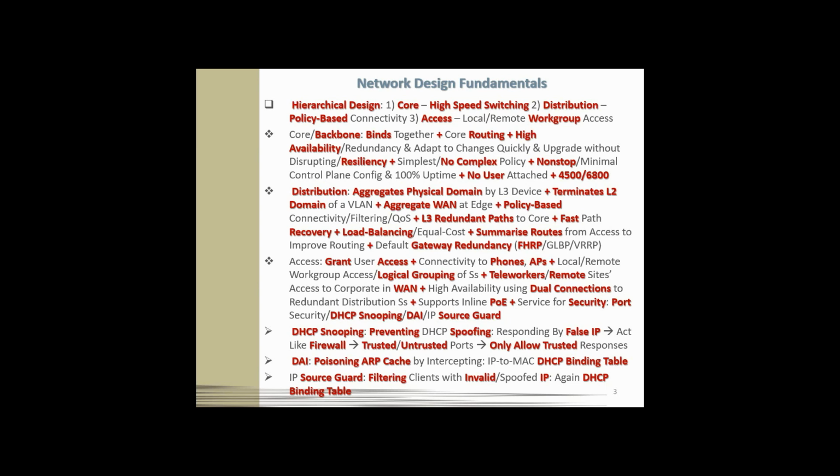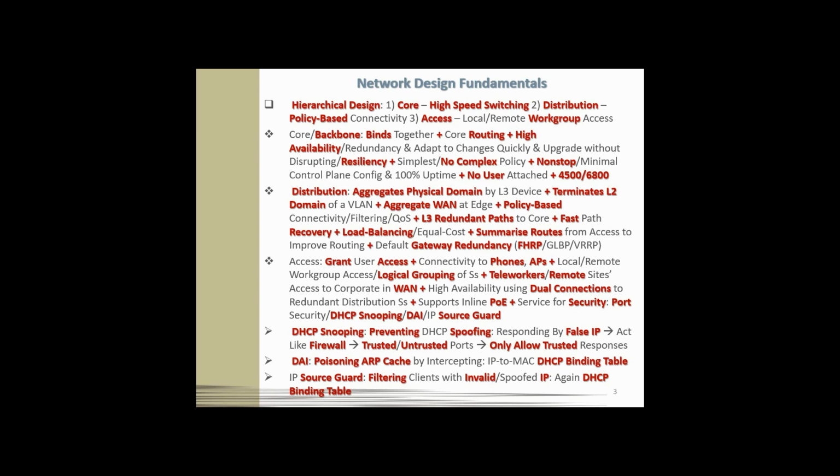DHCP stands for Dynamic Host Configuration Protocol, and DAI, Dynamic ARP Inspection, and finally the last security tool, IP Source Guard. Let's see DHCP snooping, DAI, and IP Source Guard in more details.